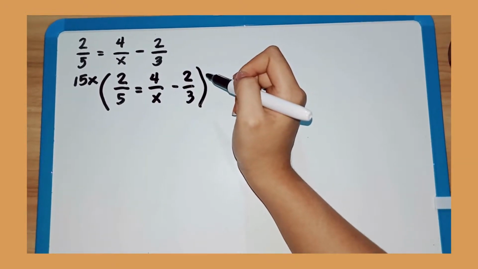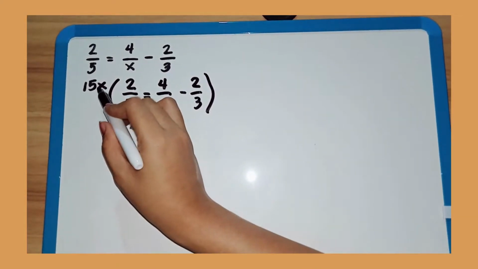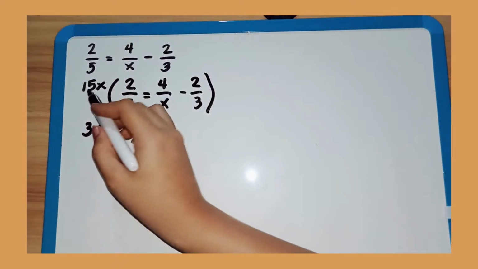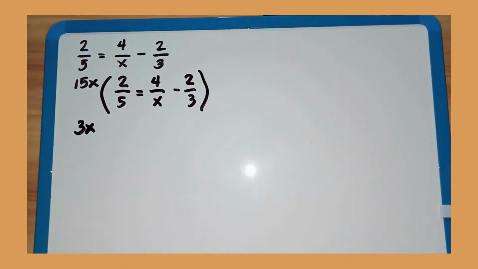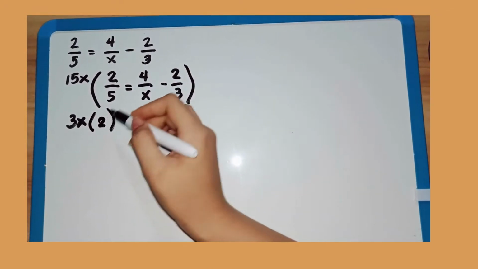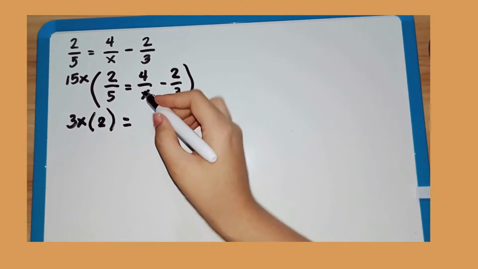Now, we divide 15x by each denominator. 15x divided by 5, that is 3x, because 15 divided by 5 is 3, copy x. Then copy the 2. Copy the equal sign. 15x divided by x, it's just 15.